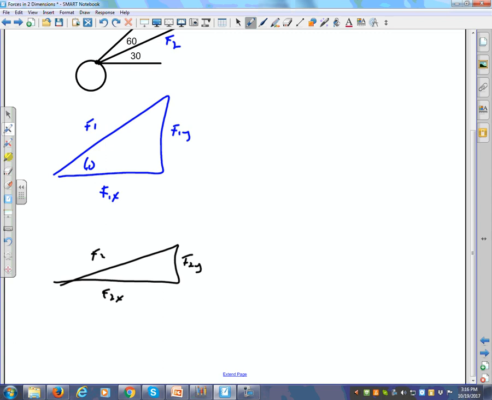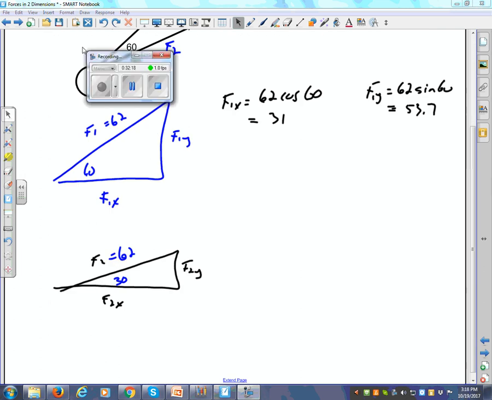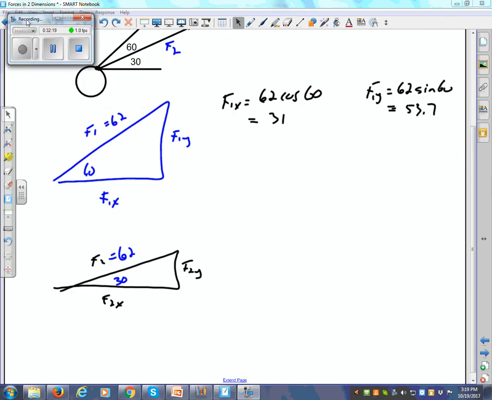How do you add vectors? You find the x components and the y components, and then you add them together. So do that. So we find the x component, we find the y component. We're going to do the same thing down here.